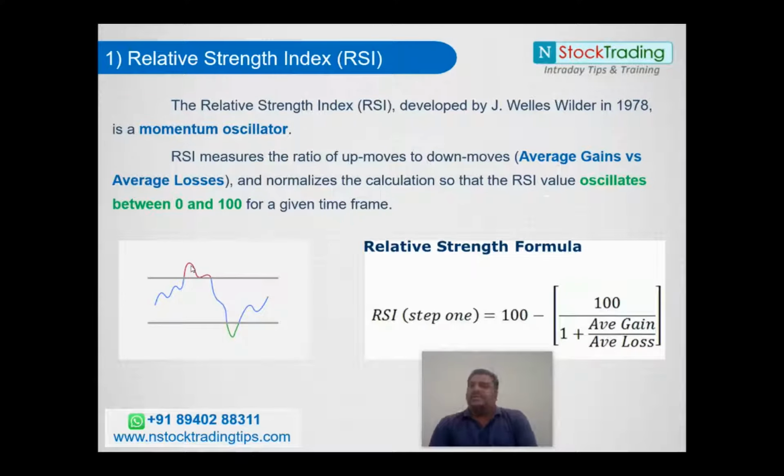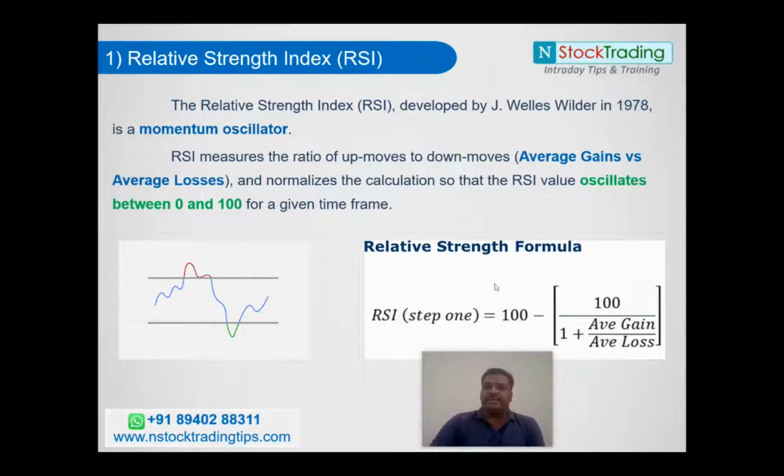Fine. So what is RSI? RSI measures the ratio of up moves to down moves in the previous candles. Then there is a weighted calculation which normalizes and gives the RSI value. This RSI value oscillates between 0 and 100. Actually, RSI is based on the average gains versus average losses.